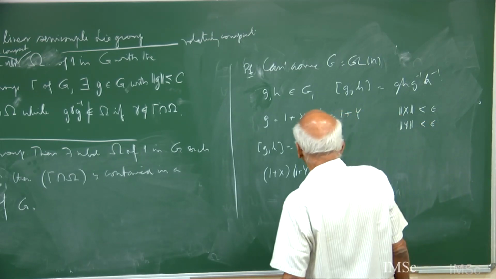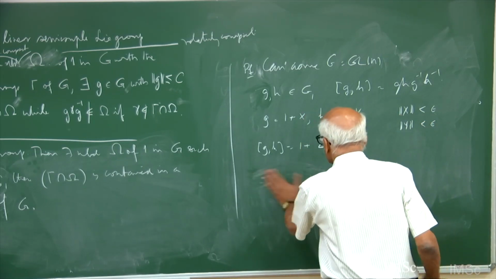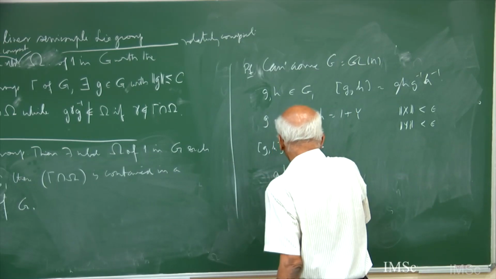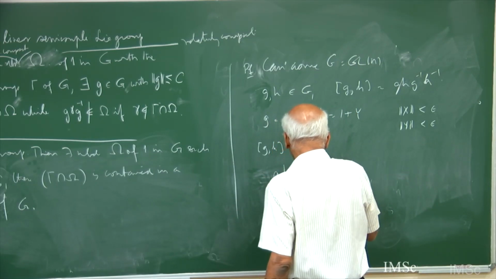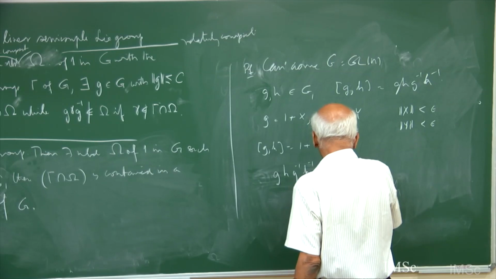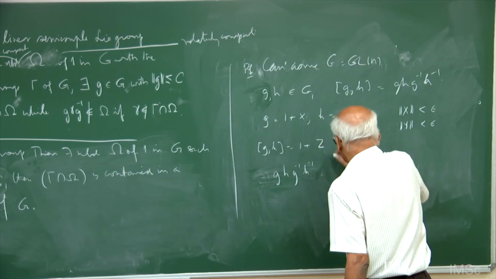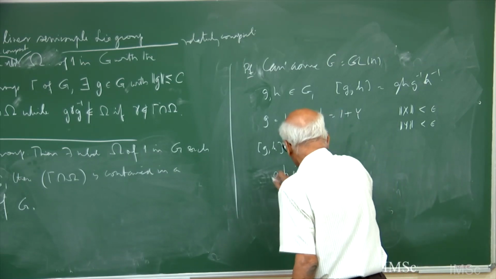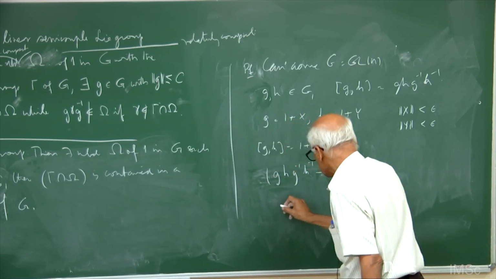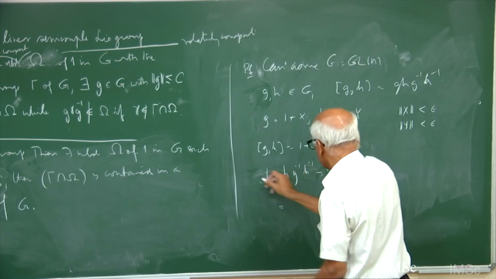Yeah, let me write G H G inverse H inverse in the following form. G is 1 plus X, H is 1 plus Y, so let me write G H G inverse H inverse minus 1. This is what Z is going to be.